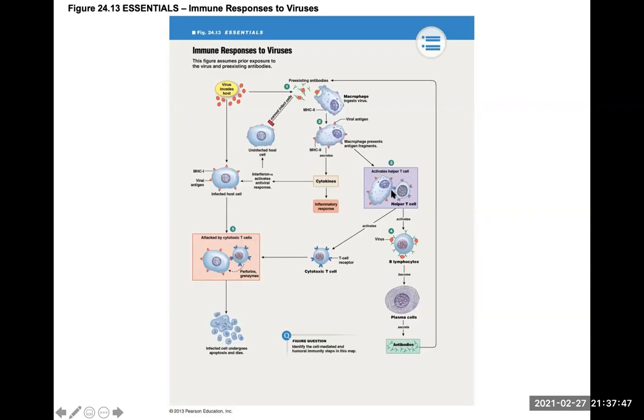They also release interferon alpha, which is going to activate the host cell production of antiviral proteins to limit viral replication. The helper T cells are then fully activated when the macrophages present antigens on the MHC2.